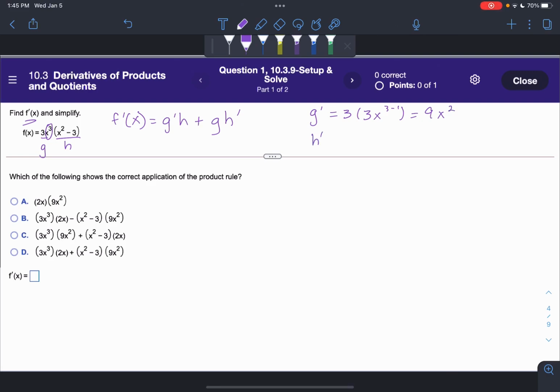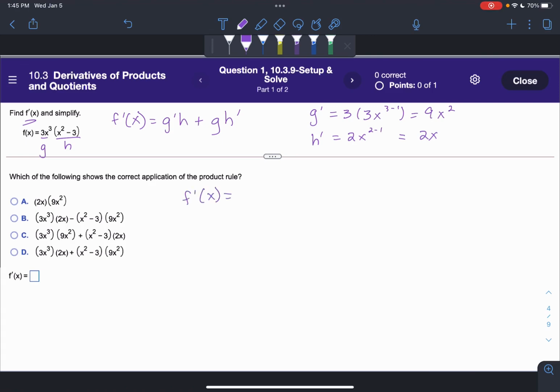Let's do h prime. So I have this x squared now. Again, power rule, so bring that 2x and decrease the power by 1. And then minus 3, so the derivative of minus 3 is just 0. And so h prime is 2x. So now I have everything I need to build out my derivative, f prime of x.